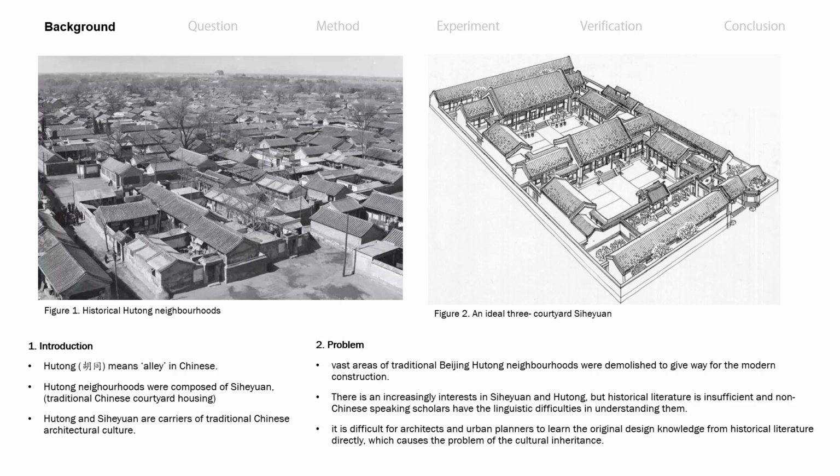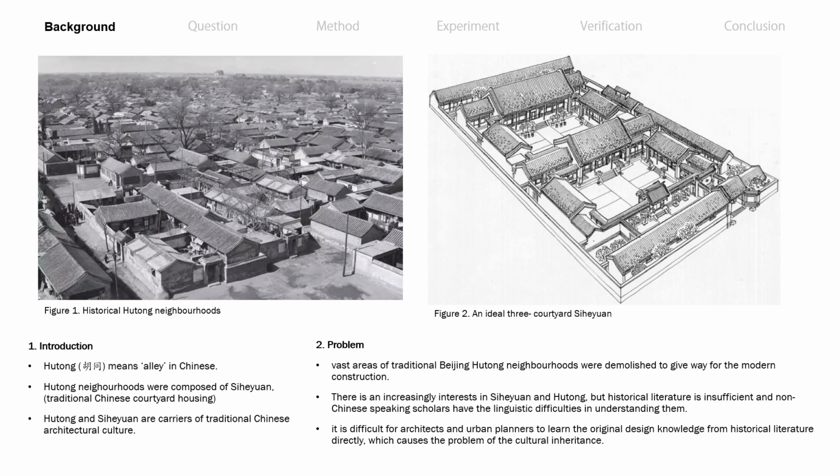Second, I would introduce the problem of the Hutong neighborhoods and Siheyuan. As a carrier of traditional Chinese architectural culture, both Hutong neighborhoods and Siheyuan have interested historians. However, despite their cultural significance, after 1950 vast areas of traditional Beijing Hutong neighborhoods were cleared to give way for modern construction.